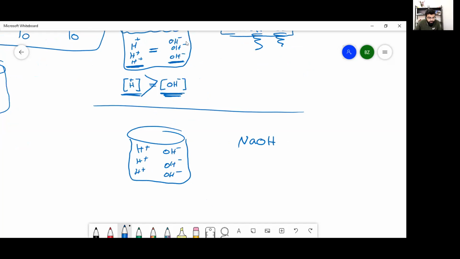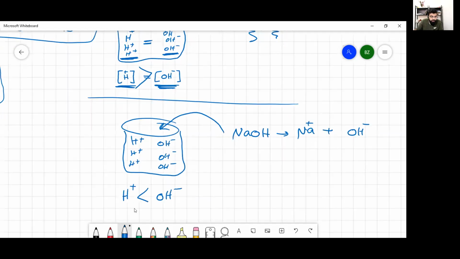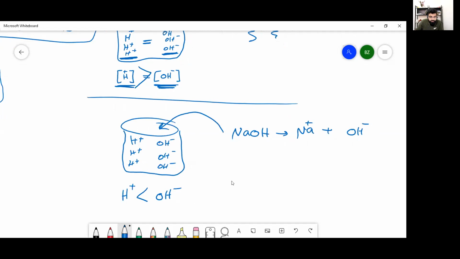I'm talking about concentrations, don't forget. So that means the H plus concentration will be less than the OH minus when you add NaOH, because this splits into Na plus and OH minus. So here in that solution, the H plus will be less than the OH minus.